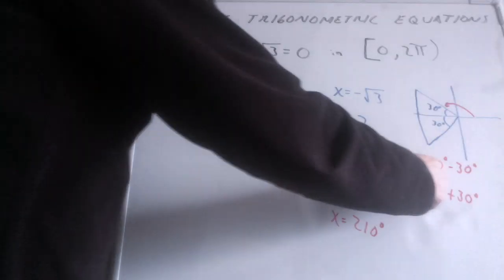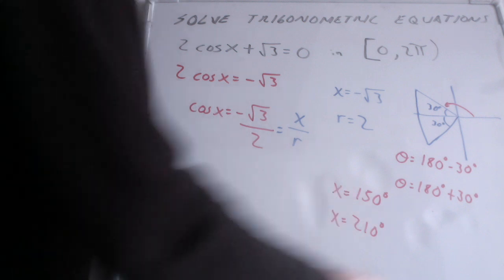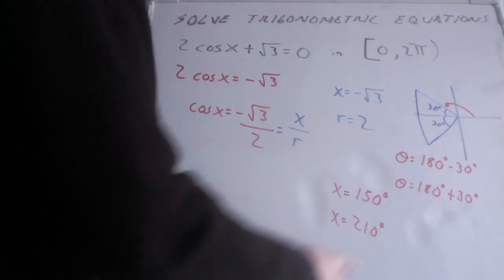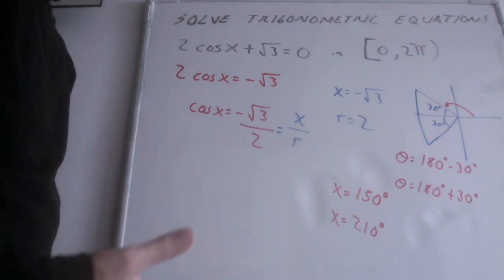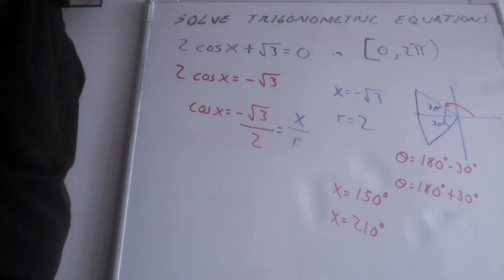So 180 minus 30 is 150, and 180 plus 30 is 210 degrees. Okay, that's my answers in degrees, but in Alex, the answers come in radians.